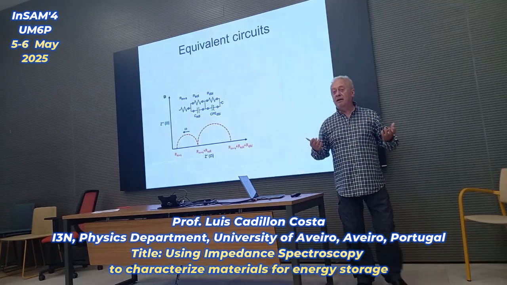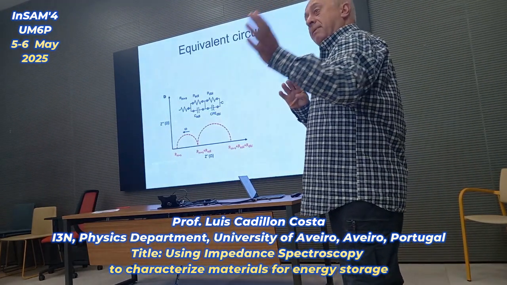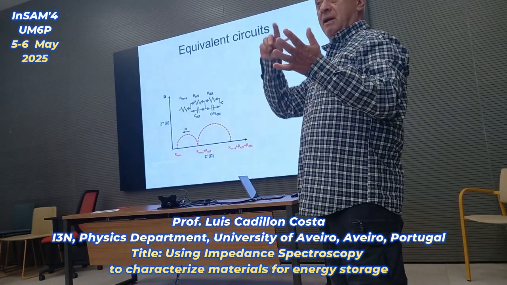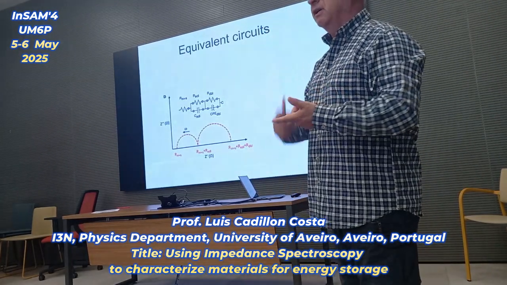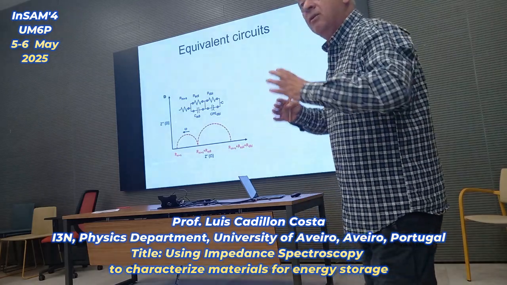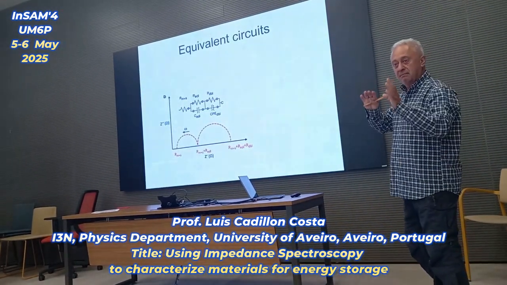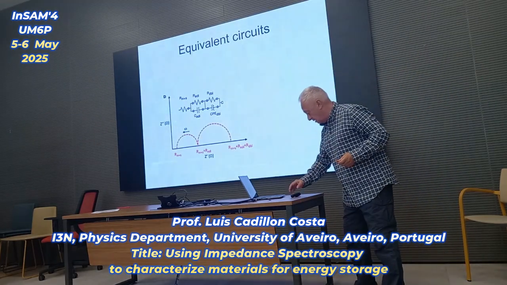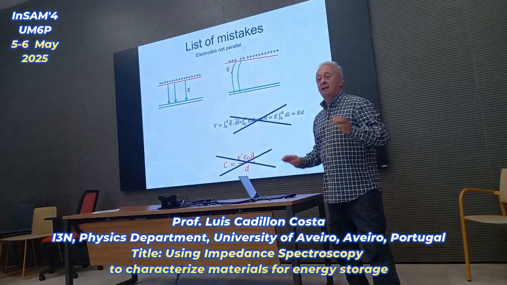What can I do? I need other information because impedance spectroscopy is not enough. I must have SEM or X-ray or Raman or FTIR or some other information to decide whether this is 2 circles or 3 circles. This is also important.